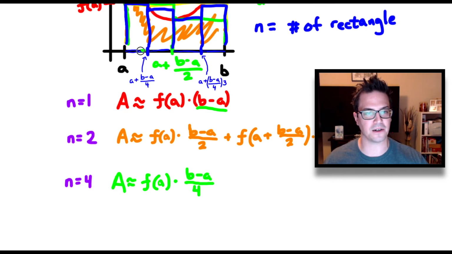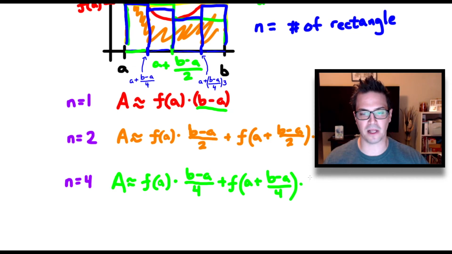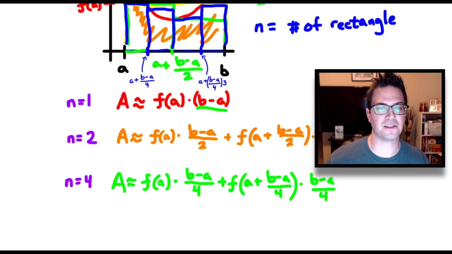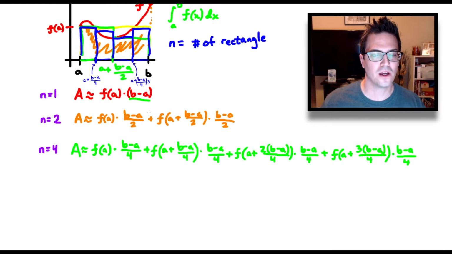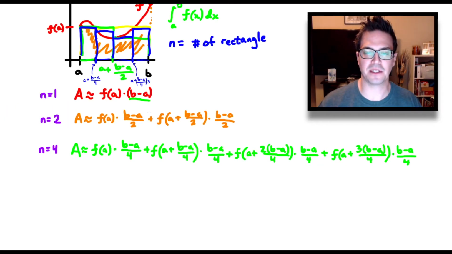Then I'm going to add f of a plus b minus a over 4, and again multiply by that b minus a over 4. And then I'm basically going to repeat that for all the other rectangles. So these are the first 2 rectangles real quick. I'm just going to do the other 2. All right, so then we have all of those area approximations right there.